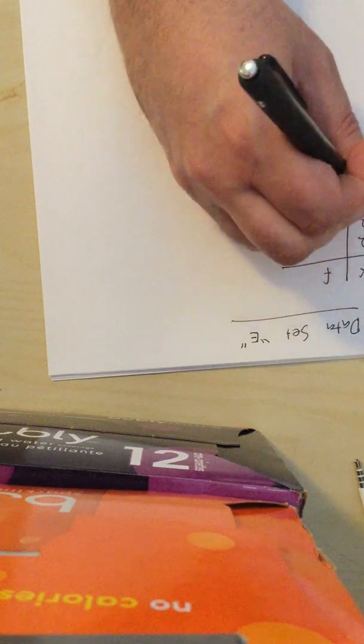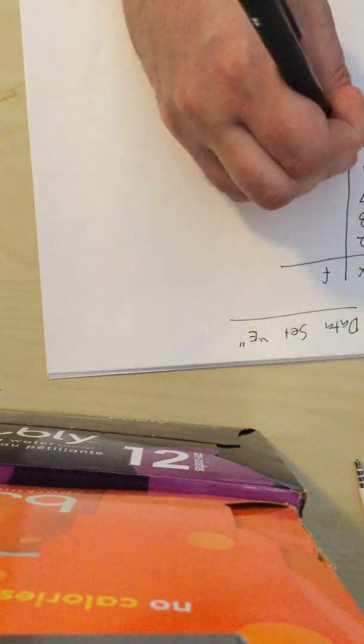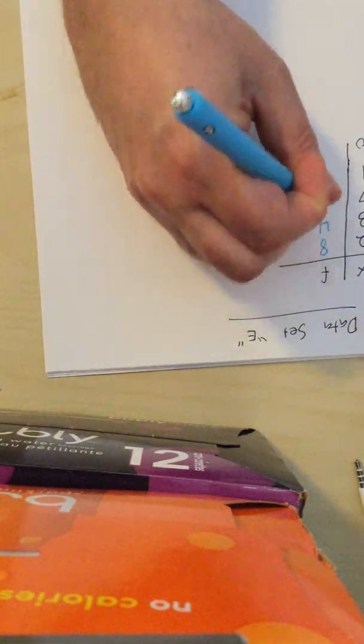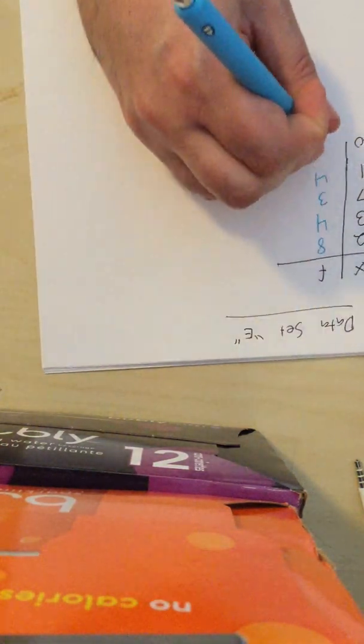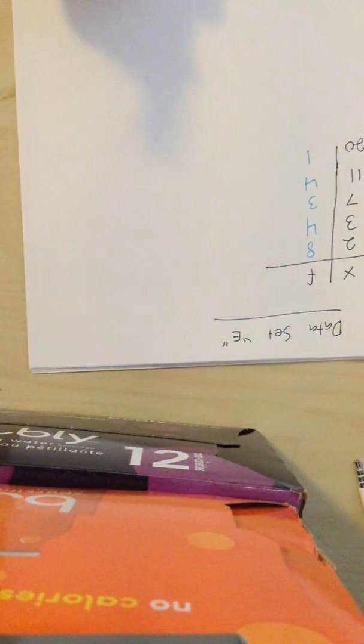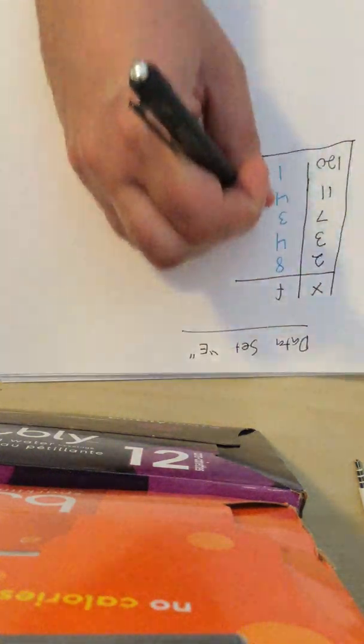So 2, 3, 7, 11, 120, and I'm going to say the frequency is 8, 4, 3, 4, 1. So there's my frequency table.